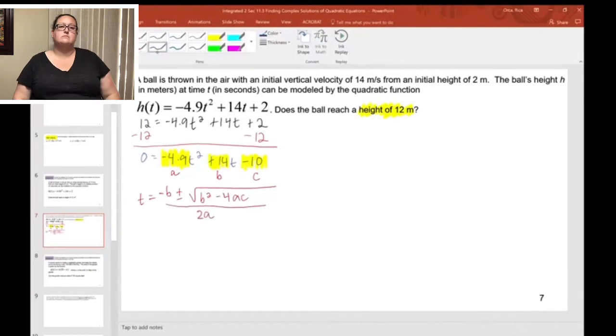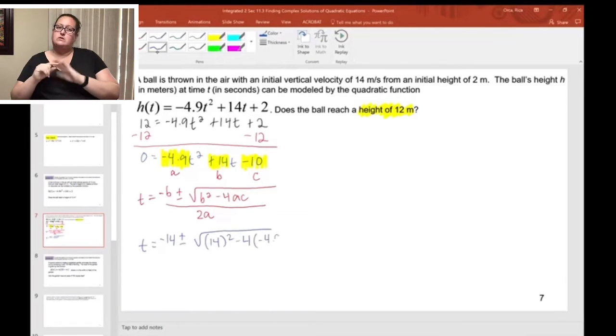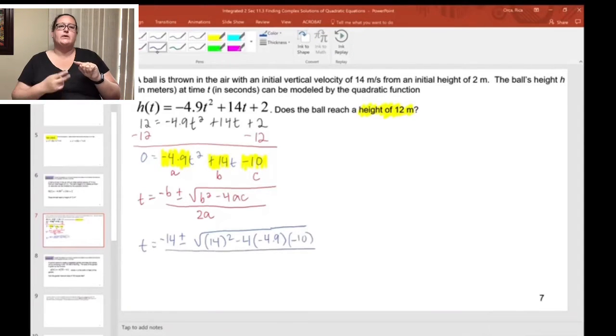Let's plug the numbers in, class. T equals negative 14 plus or minus the square root of 14 squared minus 4, a is negative 4.9 and c is negative 10, all over 2 times negative 4.9.